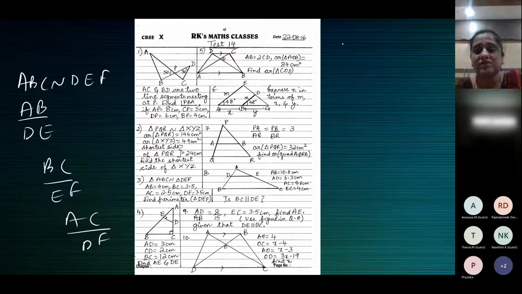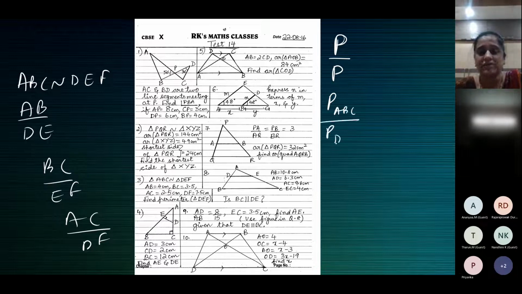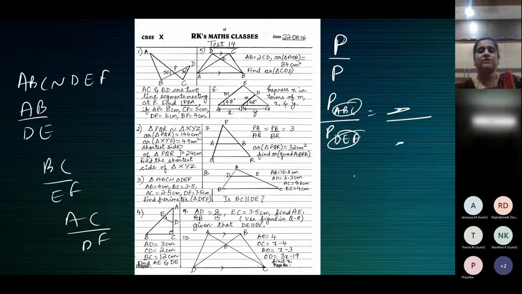Ratio of the perimeters, that is perimeter of one triangle by the perimeter of the other triangle. So if you write perimeter of ABC here by perimeter of DEF, then you must write ABC side first by DEF side here. That ratio is very important.